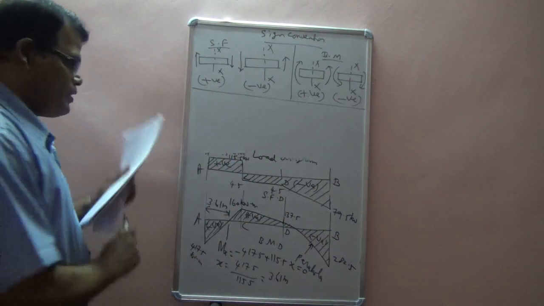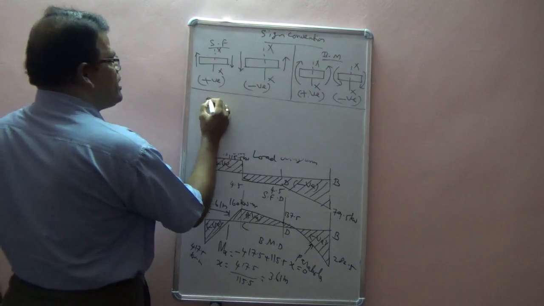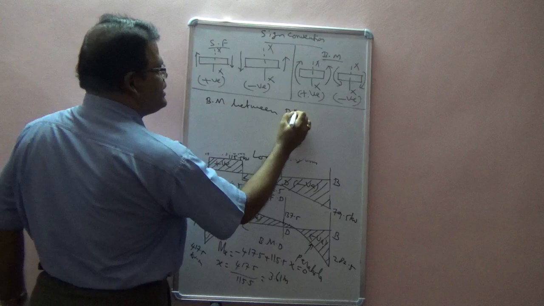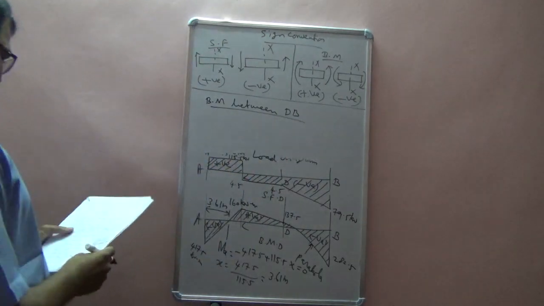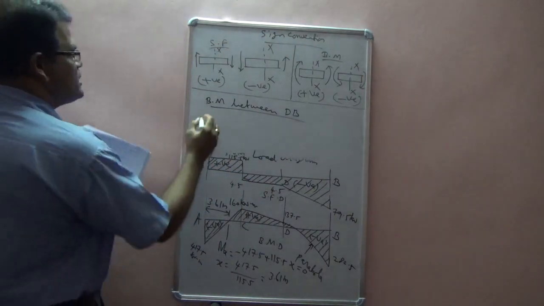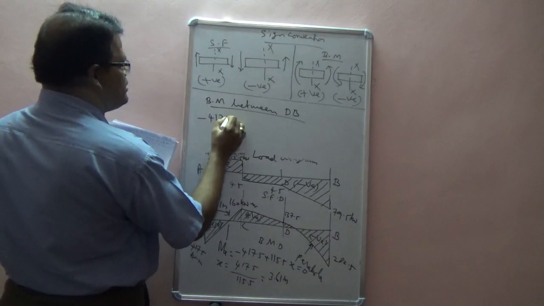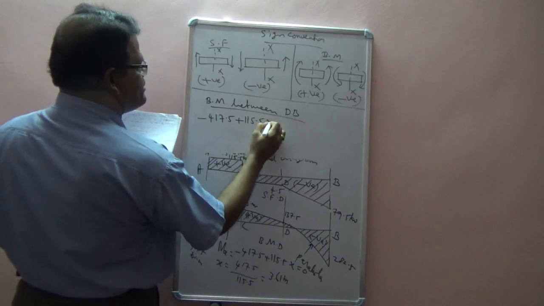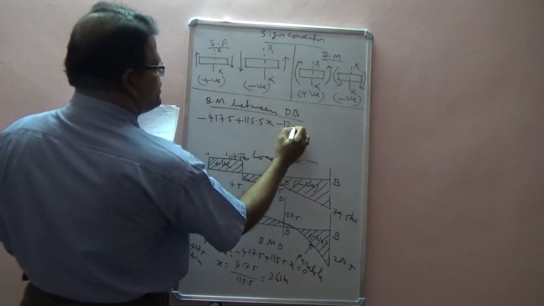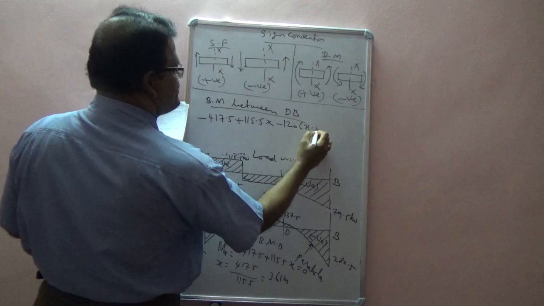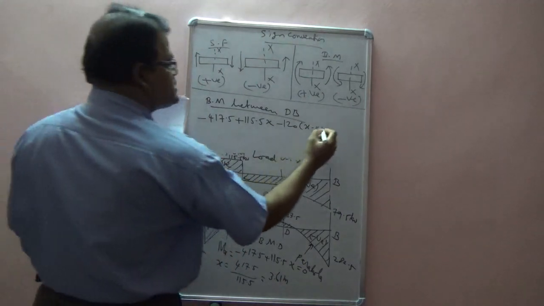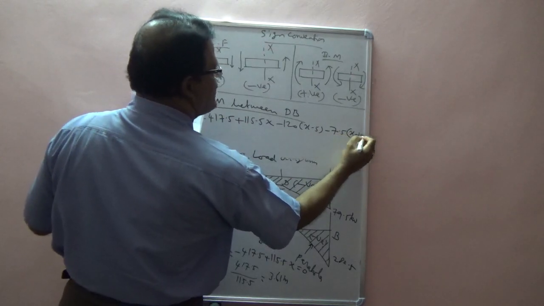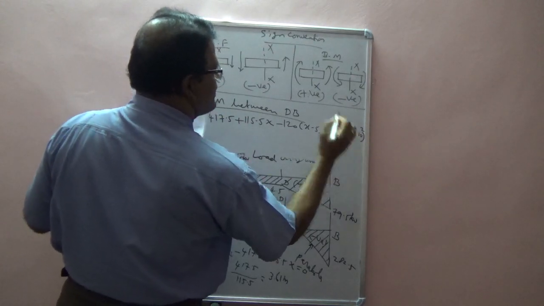So the bending moment equation between DB, that you have already written. Take that equation. The equation is minus 417.5 plus 115.5 multiplied by x minus 120 multiplied by (x minus 5) minus 7.5 multiplied by (x minus 10) the whole square divided by 2.